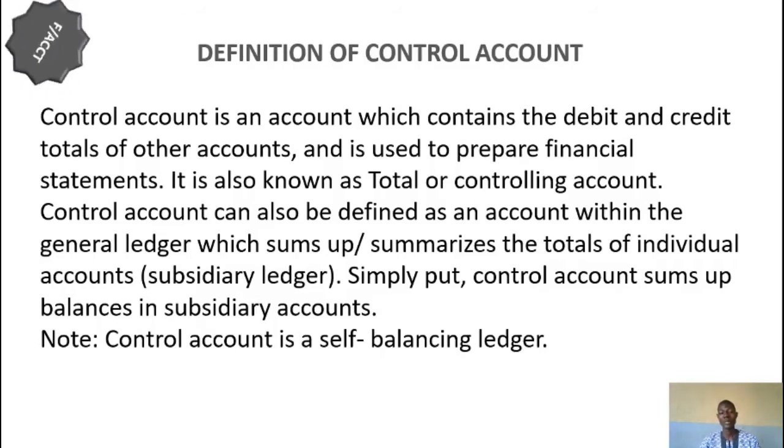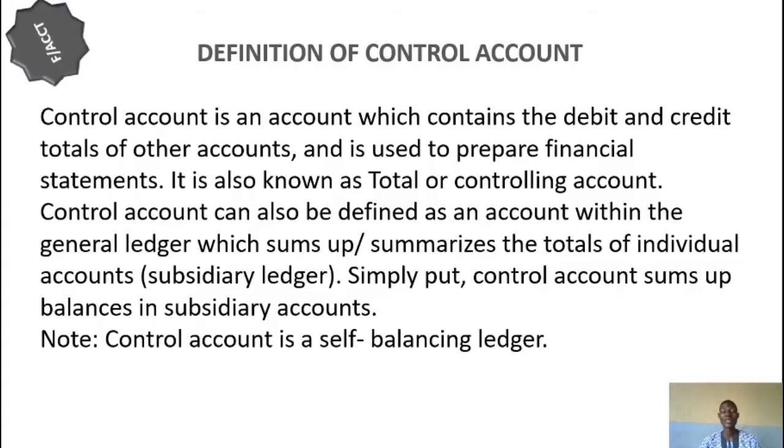During the introductory part of financial accounting, what we considered was subsidiary books, which is also known as books of original entry. From there, we listed the types of subsidiary books or books of prime entry.